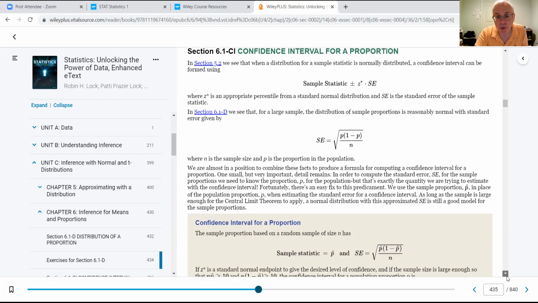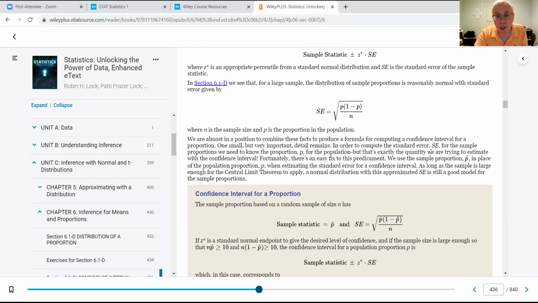Now, let's scroll down. When we estimate a population proportion using a sample proportion, by constructing this confidence interval, we don't know the population proportion. We don't know this p. So that's a little bit of an issue, right? It's not something we know.